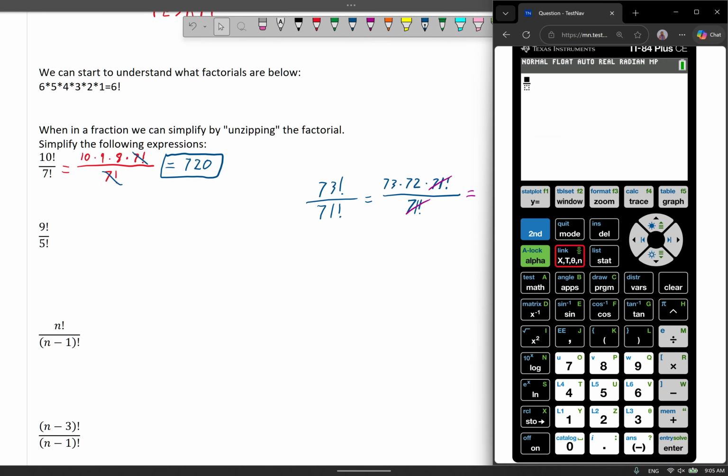If we tried to type this in our calculator, we would type in 73. The factorial button is math, over to probability, down to number 4. Then we put in 71 over, math, probability, number 4, and we press enter. You can see it's error overflow. Why is that? Because the number for 73 factorial is too big for our calculator to handle.